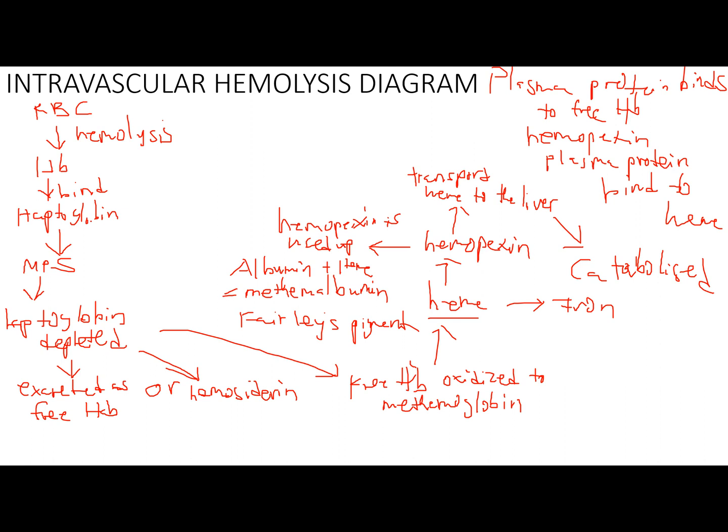What if yung hemopexin is used up? When that happens, class, walang hemopexin sa plasma nyo, albumin, class, would be the one to attach to heme, forming your methemalbumin, also known as your Fairless pigment.